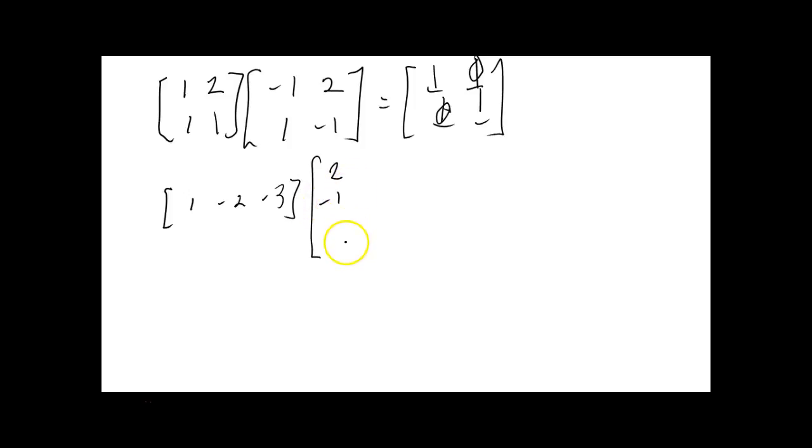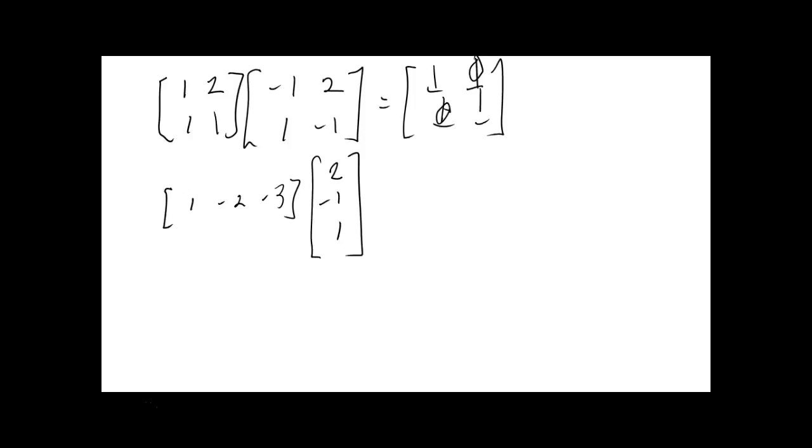Also, you could call it a row vector. If it has a single row or a single column, it can be called a vector. So that can be called a row matrix or a row vector.